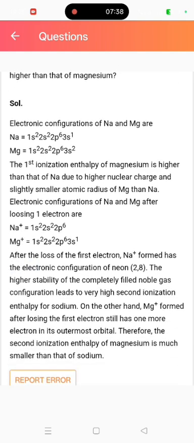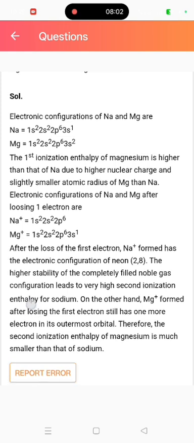The first ionization enthalpy of magnesium is higher than that of sodium due to high nuclear charge and a slightly smaller atomic radius of magnesium than sodium, because from sodium to magnesium, left to right, size reduces. So removing an electron from it is a little more difficult. So ionization enthalpy of magnesium is higher than that of sodium.